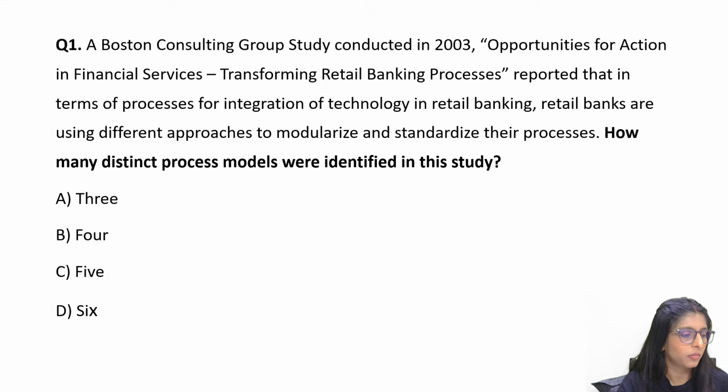How many distinct process models were identified in this study? There are four: horizontally organized model, vertically organized model, predominantly horizontally organized model, predominantly vertically organized model, as per the Boston Consulting Group.